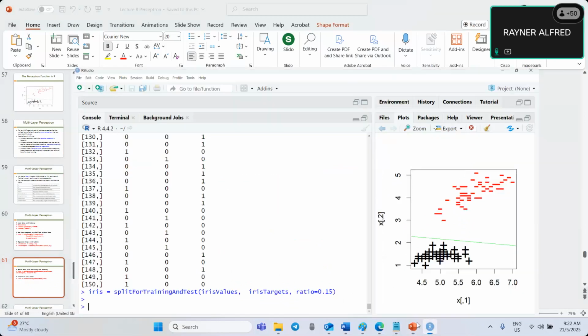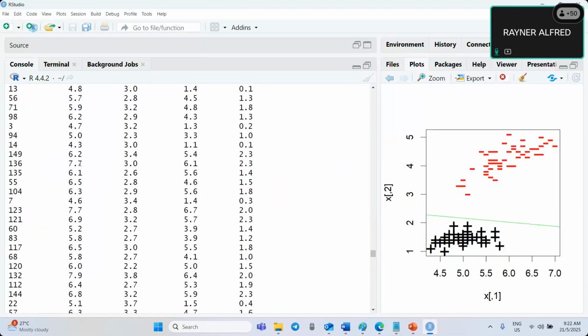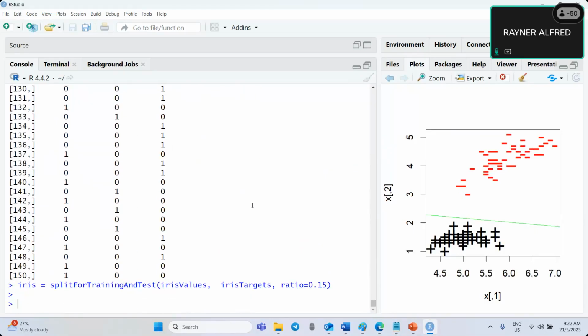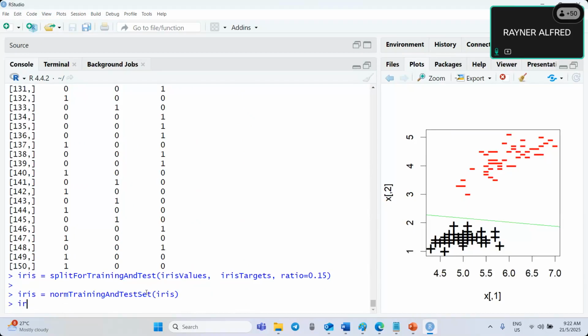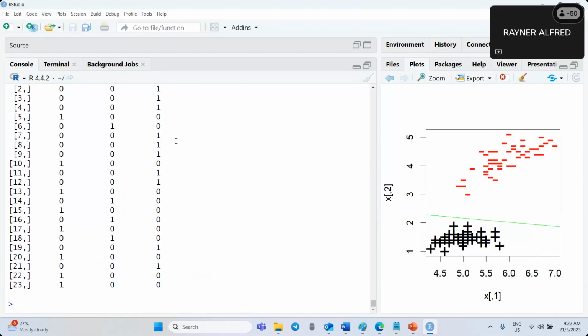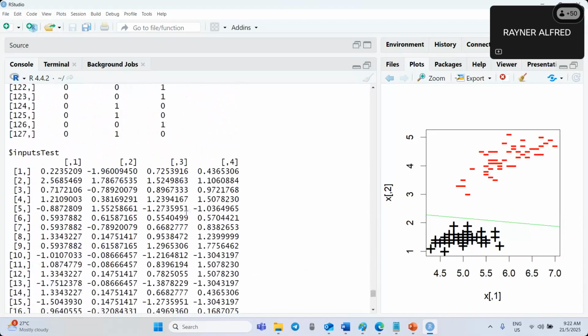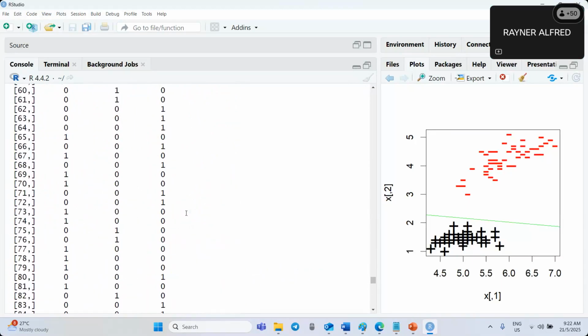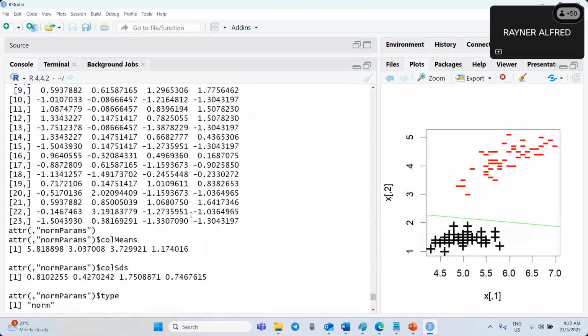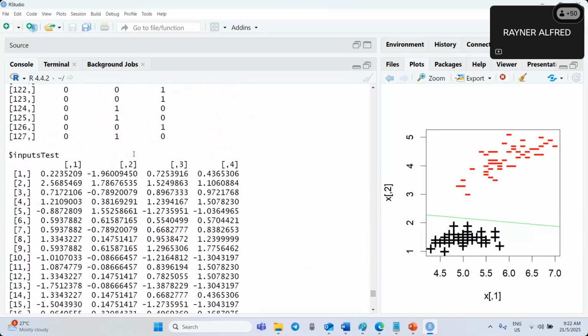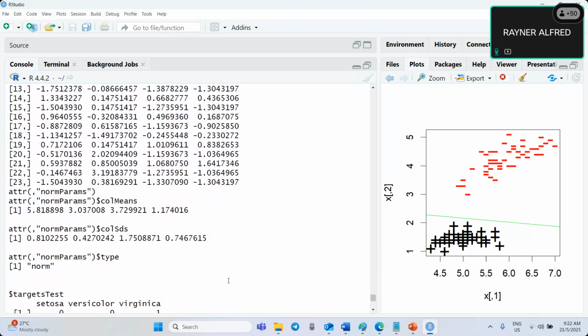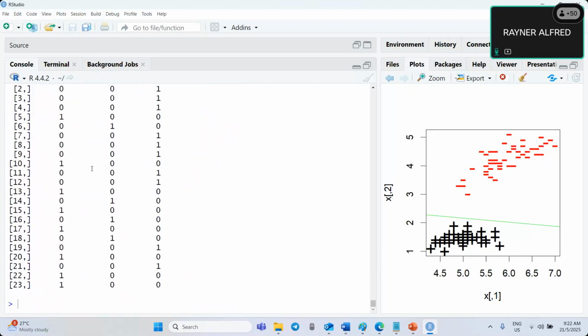And also we have to normalize, because if you look at the values here, some are small, like the fourth column, and some are big, like the first column. So we will normalize all our values here. So this is our input, already normalized, and this is our target.